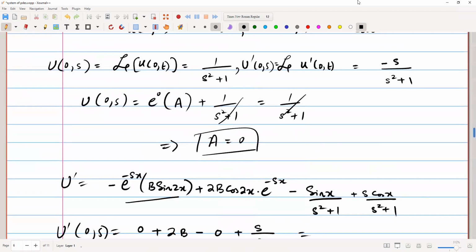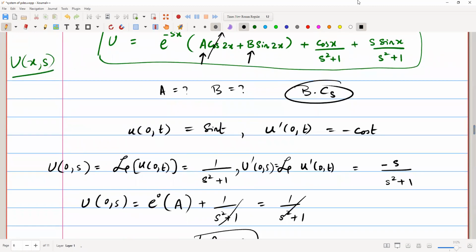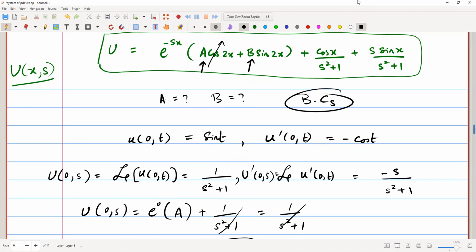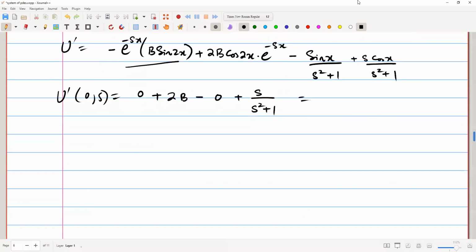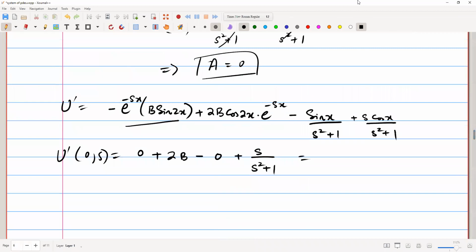So this is equal to u prime. Okay, this is not negative, but it's positive, right? So it will be s over s squared plus 1. Now this will be equal to s over s squared plus 1.